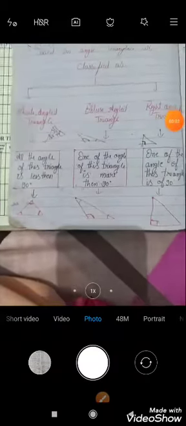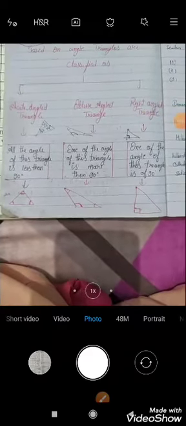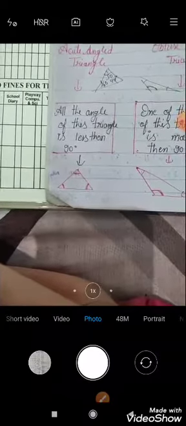Our second classification is based on angles, and on the basis of angles we can classify our triangle into 3 kinds. First one is the acute angle triangle, second one is the obtuse angle triangle and third one is the right angle triangle. In an acute angle triangle, all the angles of the triangle are less than 90 degrees.